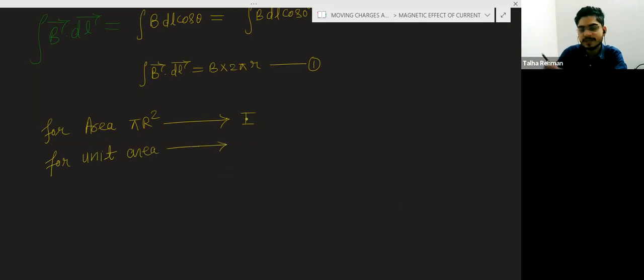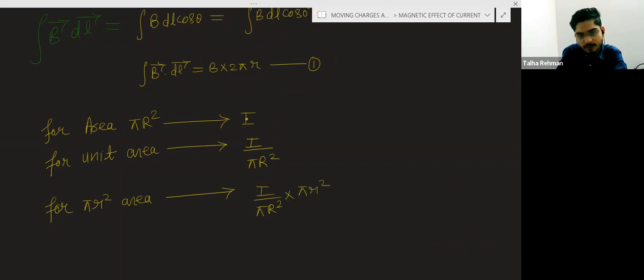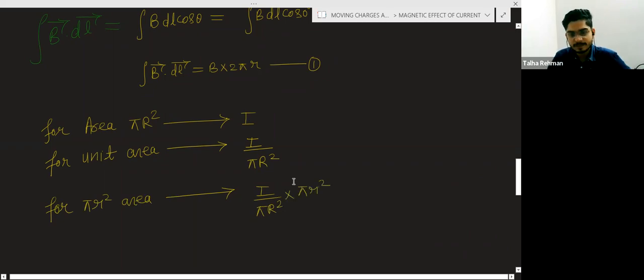When you calculate the current for the unit area, you will get this amount of current passing through the unit area. Now, for pi r square area, the current will become I divided by pi R square multiplied by pi into small r square. You multiply this pi r square with the current per unit area.